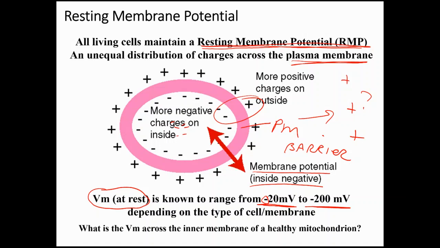So this was an arbitrary thing, I guess, that the physiology people decided, that we're always going to talk about the charge of the inside compartment. And if the charge of the inside compartment is negative, you say negative 200 millivolts or negative 70 millivolts. It's not a negative voltage reading.